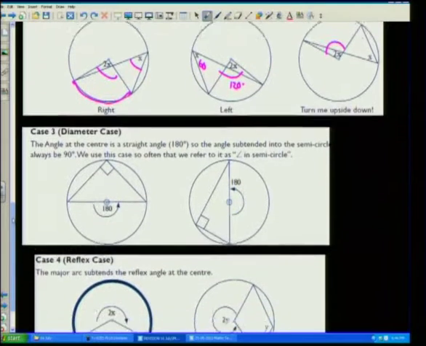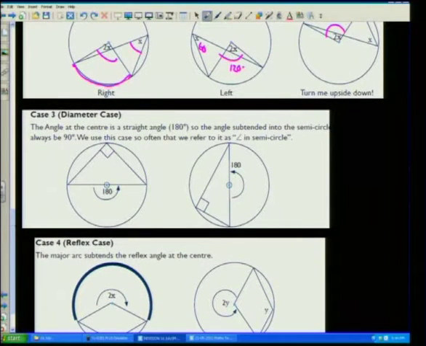Now there's a third case. Can you see that in this particular case, my arc that's doing the subtending is actually the arc of the semicircle, and the angle at the center is 180. It's a straight angle.